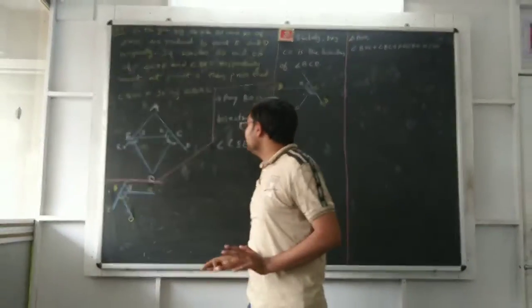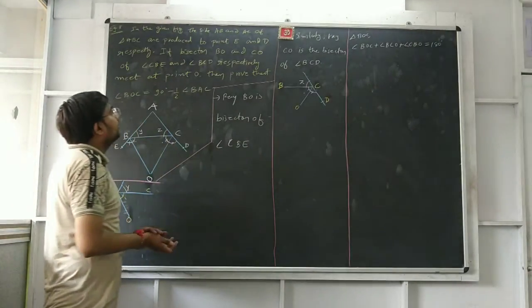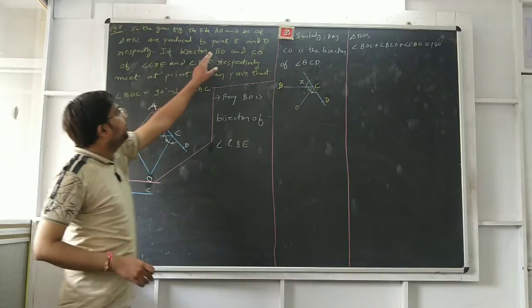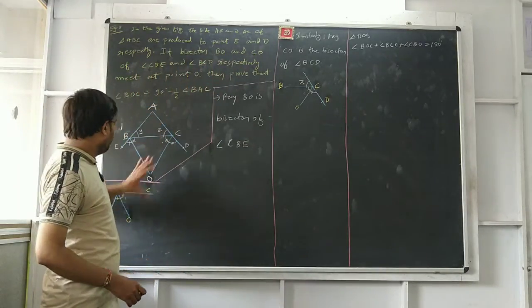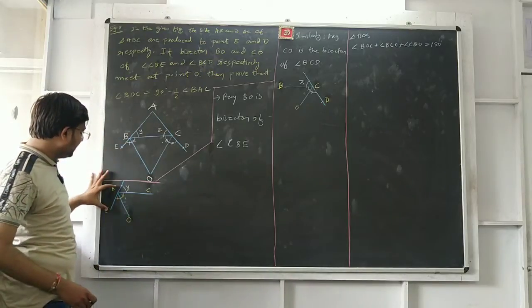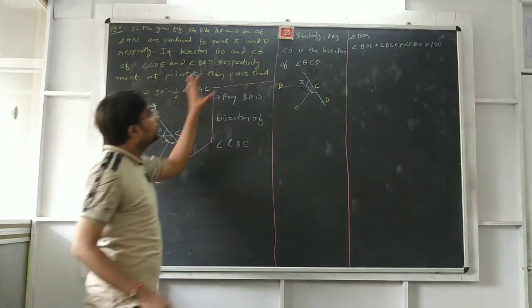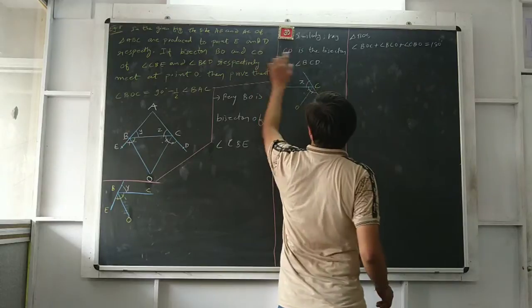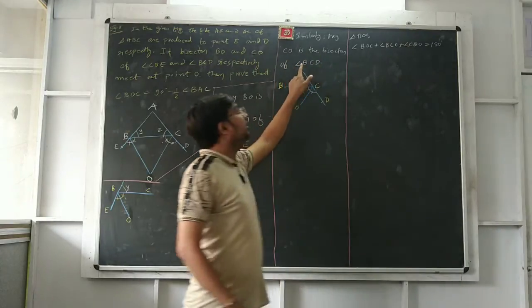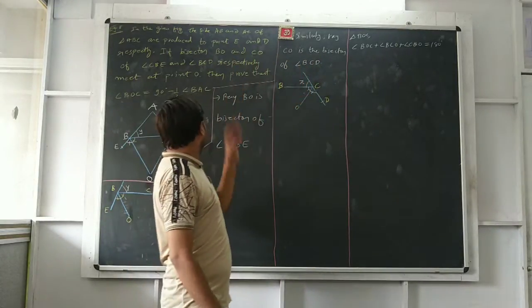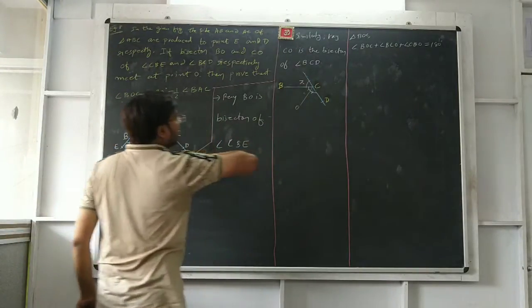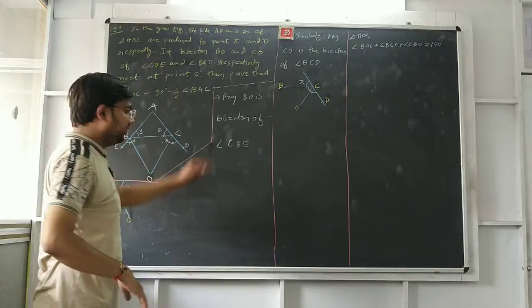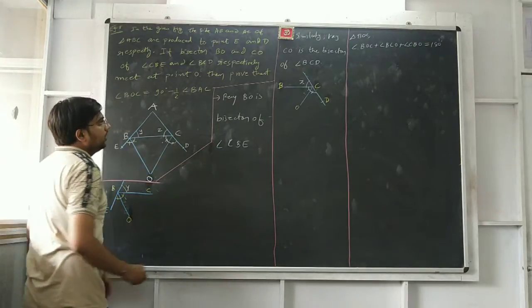Okay, first we have to start. We are given that BO and CO are the bisectors of CBE and BCD. So I can draw this figure, and similarly CO is the bisector of angle BCD. Next we discuss the first one.